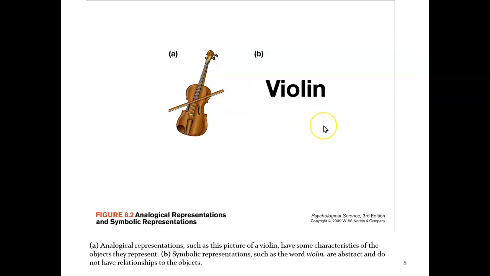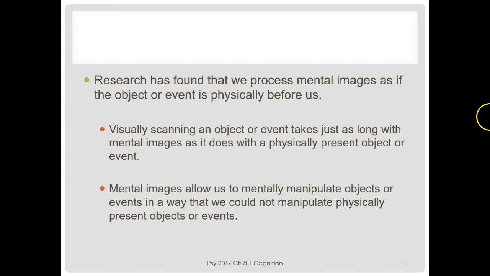So the word violin is a symbolic representation. If we want an analogous representation for a violin, we use a picture of it or an image. If we want a symbolic representation, we use the word violin.